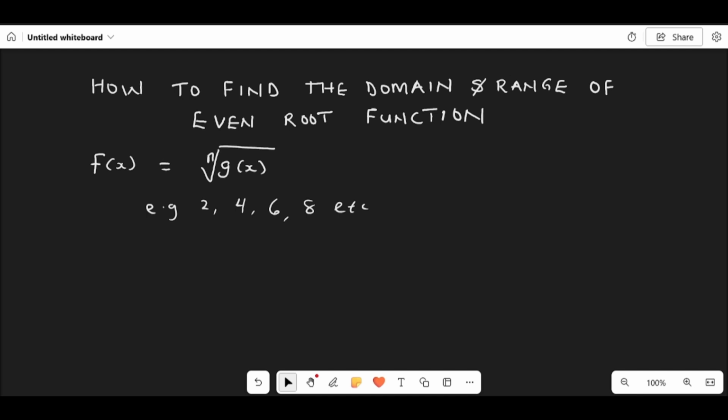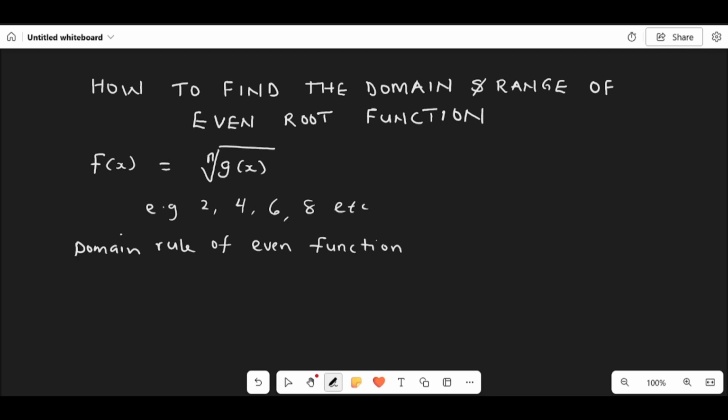The domain rule of even root functions. For an even root, the expression inside the root must be non-negative.